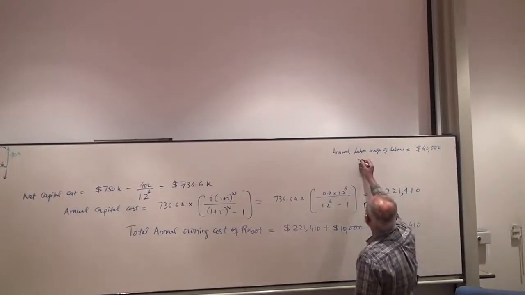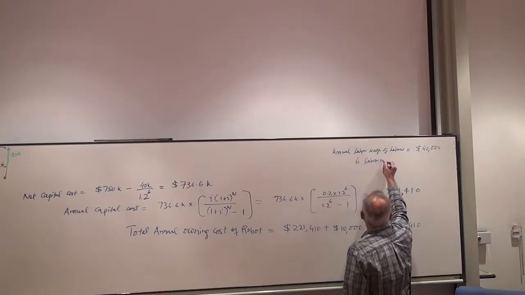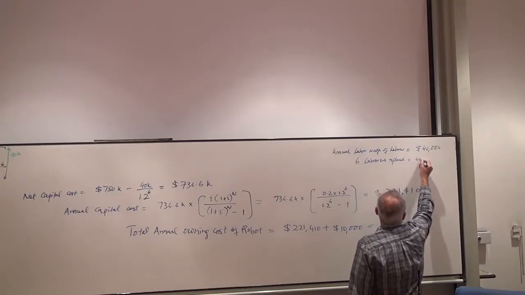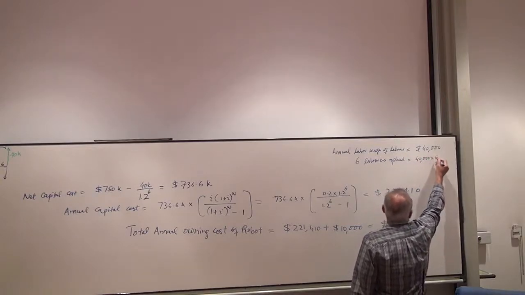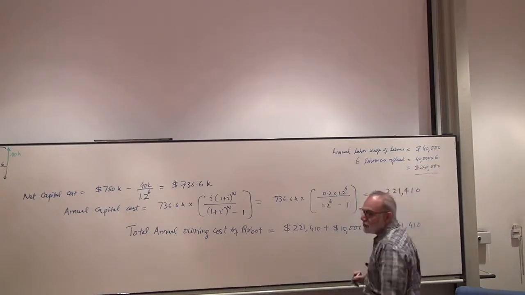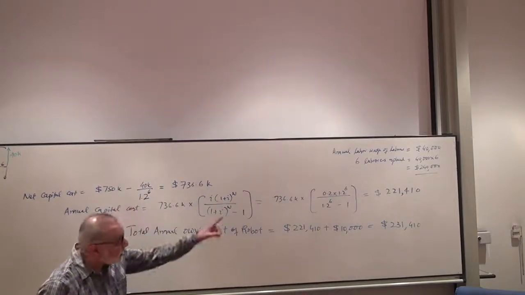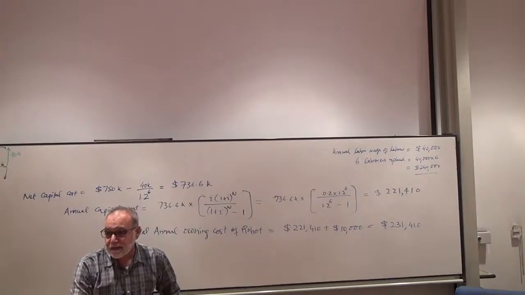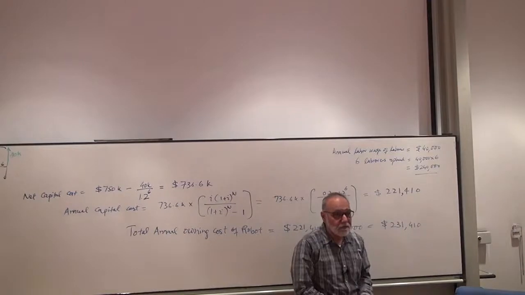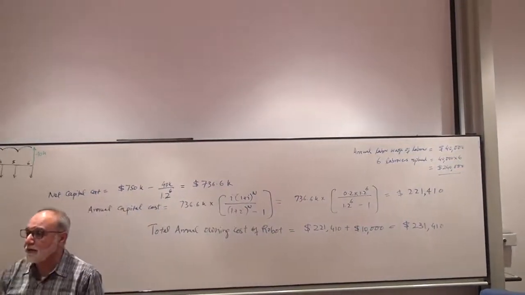So if there are 6 laborers replaced, this is 40,000 multiplied by 6, so it is 240,000. In this case, it may be justified if it is replacing 6 laborers. If it is replacing more than that laborers, then of course it will be justified. If it is less than that, then it won't be justified economically.